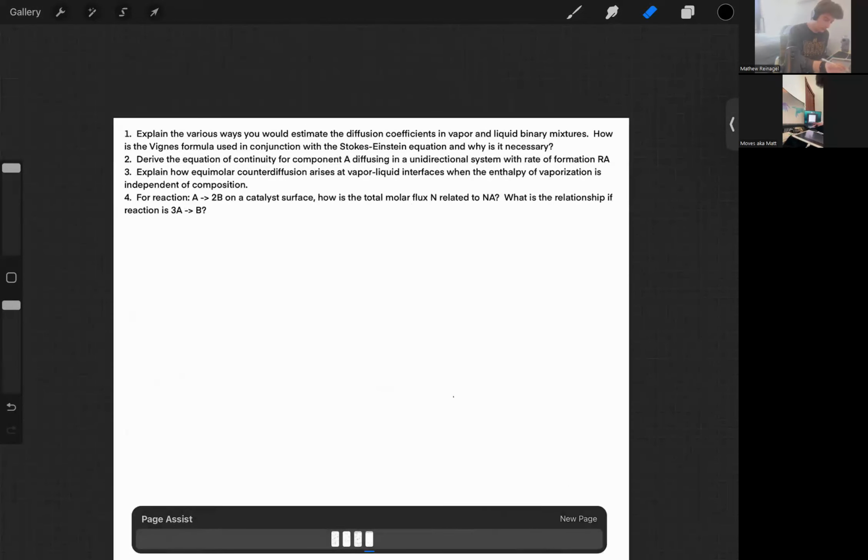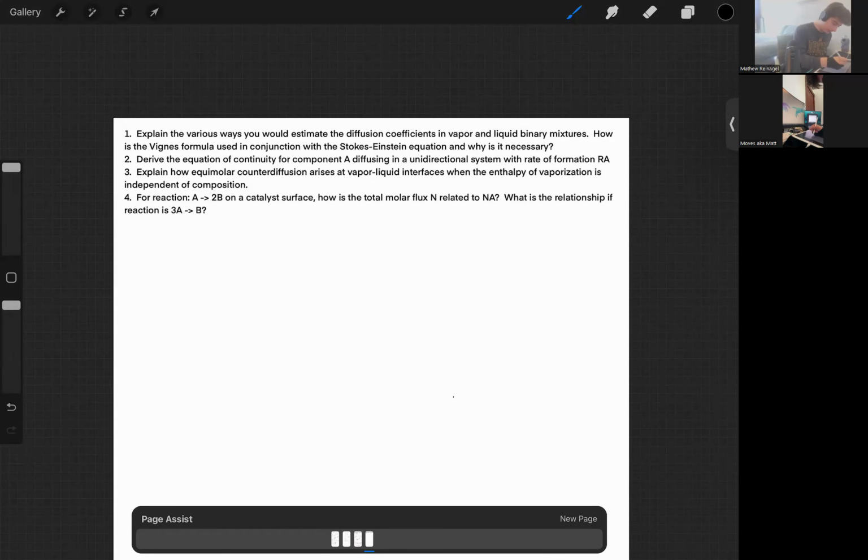So now we're asked to explain how an equimolar counterdiffusion arises at a vapor-liquid interface when the enthalpy of vaporization is independent of composition. This is an interesting problem. The first rule I'm going to make for myself is that I'm going to assume that we're in steady state.